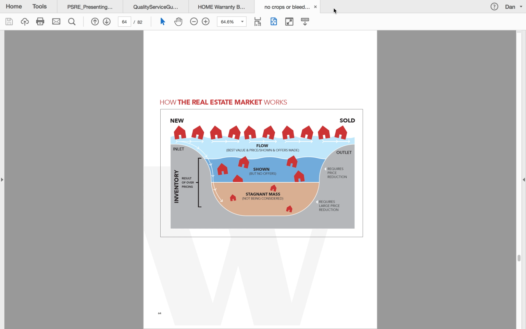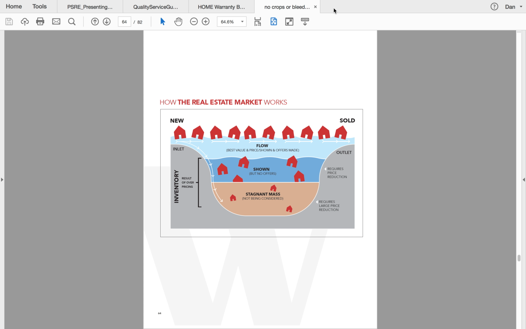But on page 64, which is also 65 of the instruction manual, this is the one that says how the real estate market works. And it has to do with pricing your inventory. Effectively what we're trying to say is, if you overprice the home, it can take you longer to get less. And then move to the next page if they want to discuss it further, but at least you got it out on the table.